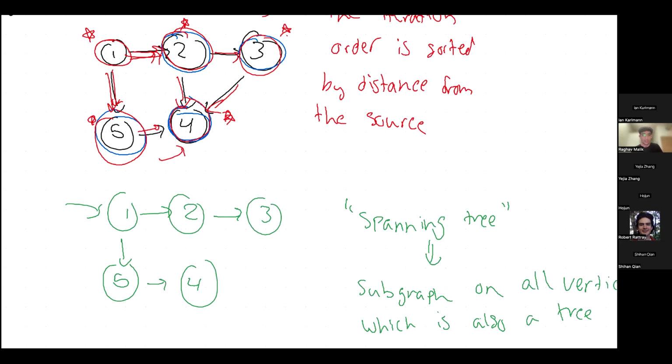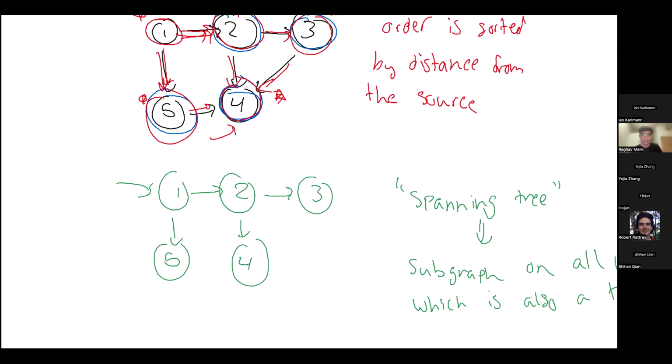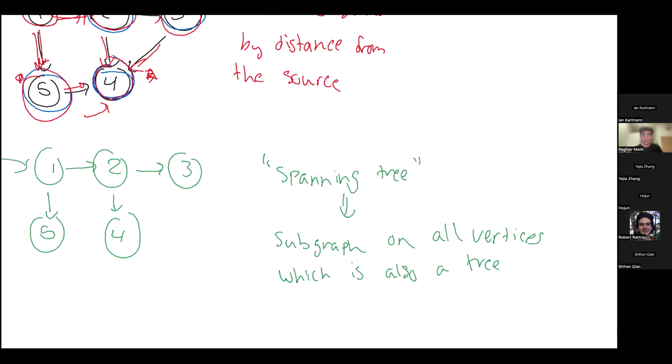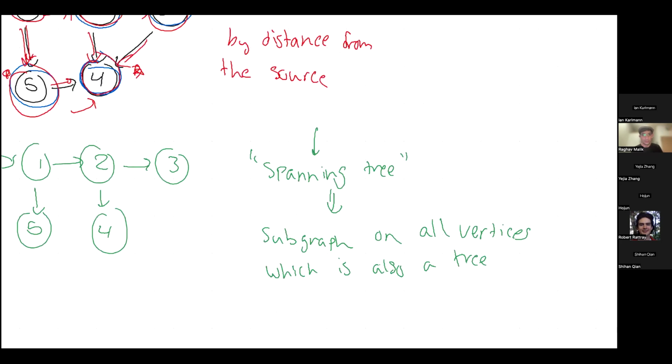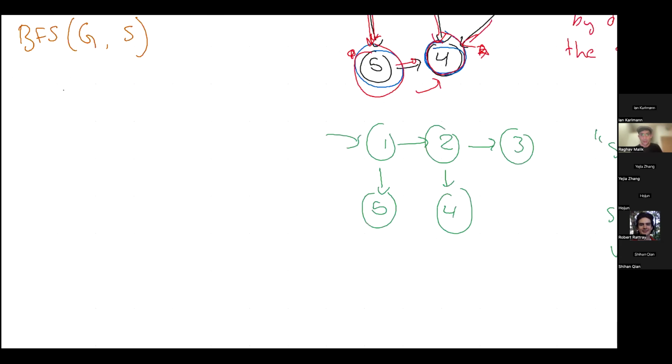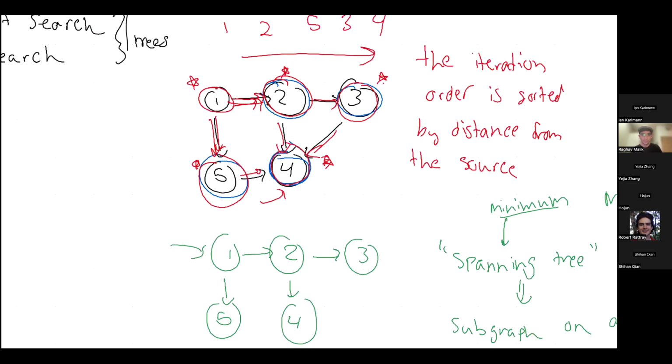That's still a tree. I also didn't have to do this in breadth first order, right? There's any number of ways that I could build a tree out of this, and later we'll talk about algorithms for finding the minimum spanning tree or the MST. But for now, I just want to think about building this tree.